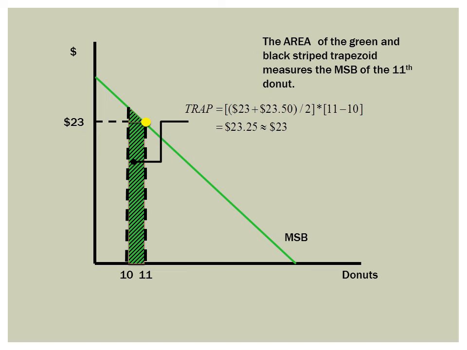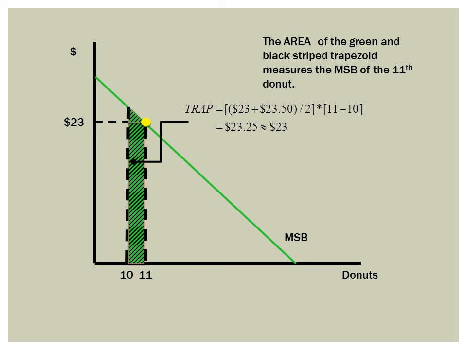And then we would multiply it by the height of the trapezoid, which is just the distance between 10 and 11, which is 1. So we can see that the area of that striped trapezoid is $23.25.